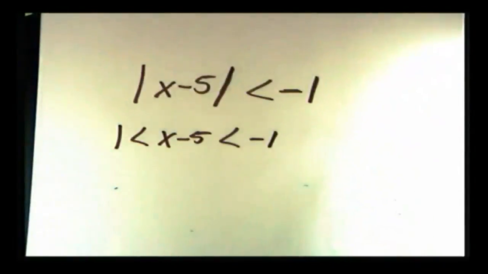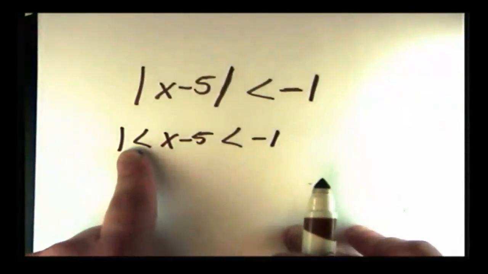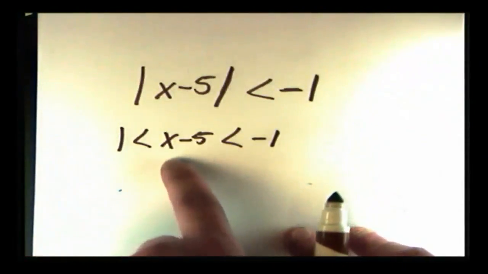From here to here, all I've done is get rid of my absolute value symbols, and I'm considering both the positive and the negative. So x minus 5 is greater than 1, but x minus 5 is less than negative 1.